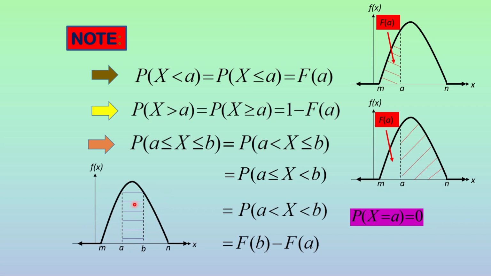From the PDF curve, the area under the curve is the probability of X from a to b. So the area of F(b) is on the left at x equals b, and F(a) is on the left at x equals a. And to get the area, we take F(b) minus F(a).